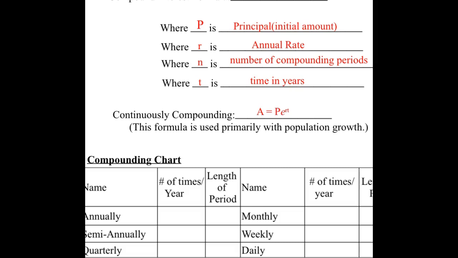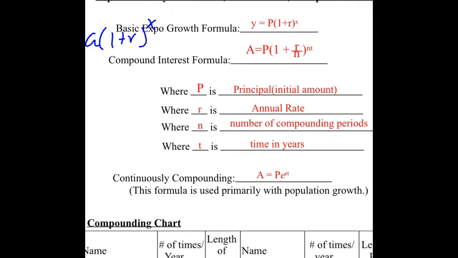Okay, so A equals, so final amount A equals your principal times e to the RT power. So if it says it's being compounded, you have to look very carefully. Is it being compounded continuously? If so, then you're going to use PERT. If it's being compounded not continuously, then you're going to use this one up here. Okay?